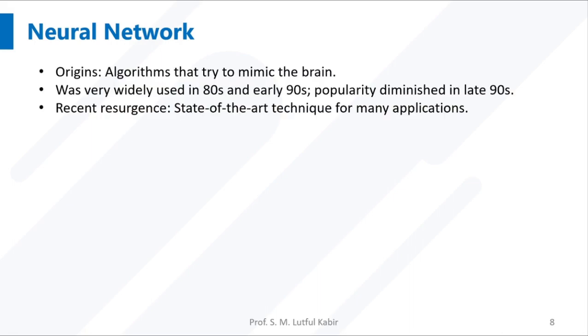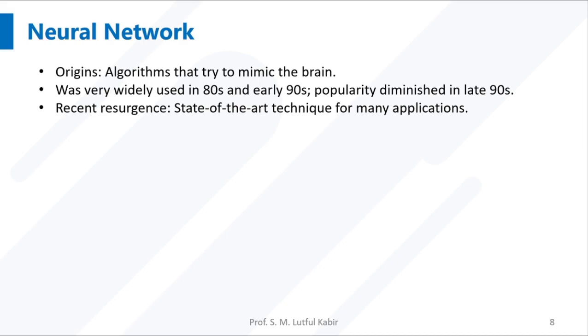The origins of neural networks was as an algorithm that tried to mimic the brain. Neural networks came to be very widely used throughout the 1980s and 1990s, and for various reasons, popularity diminished in the late 90s. But recently, neural networks have had a major resurgence.